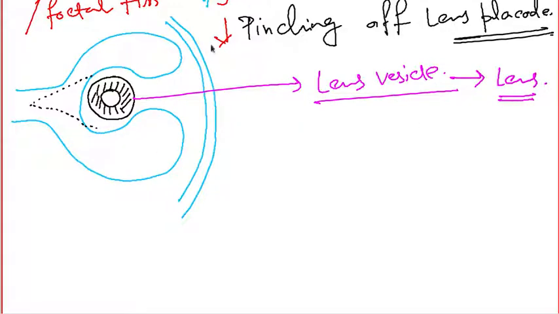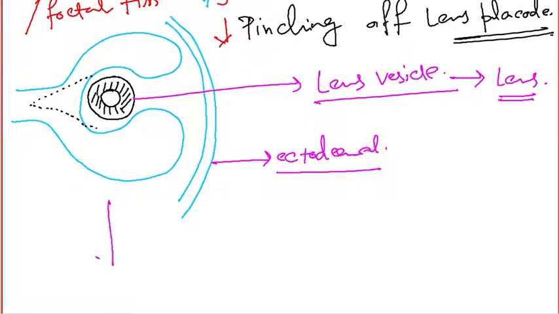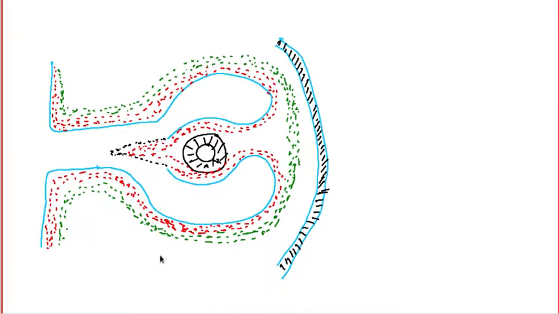Now this part is ectodermal, and this part will give rise to the retinal layers. And there will be the supply of blood vessels, and the fibrous layer of coating will be there, and that will eventually form the whole structure of the eyeball. So if we see in a compact manner, it will be like this.